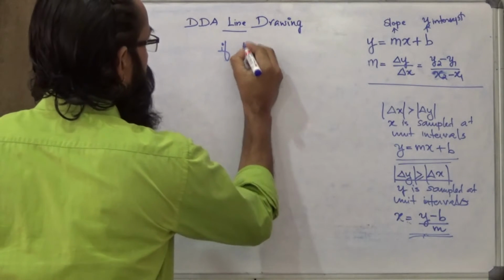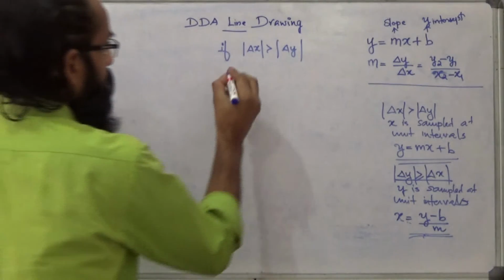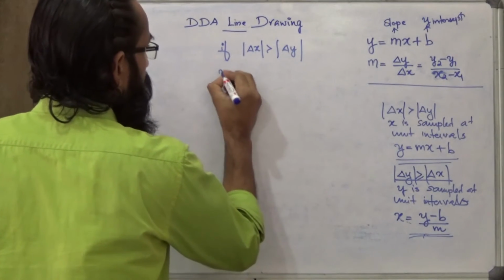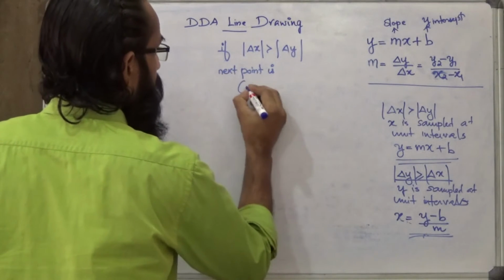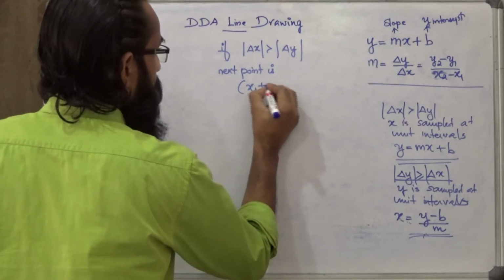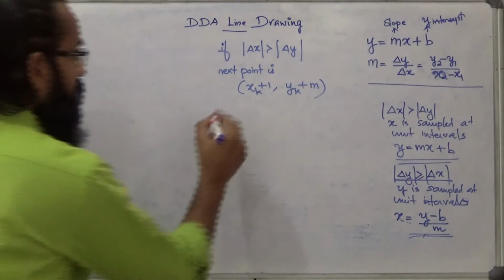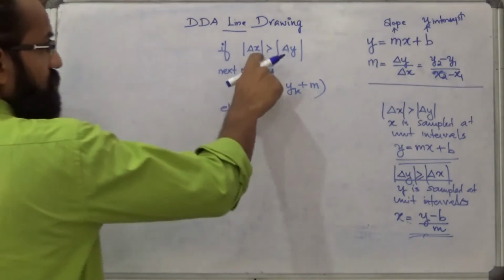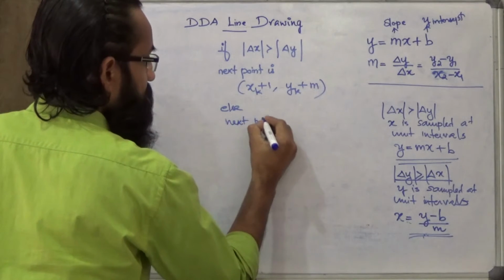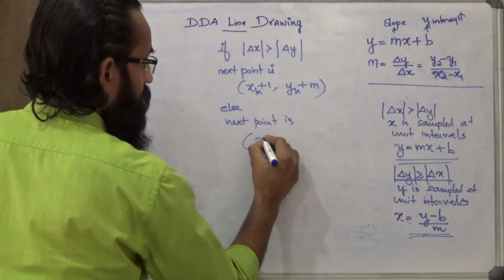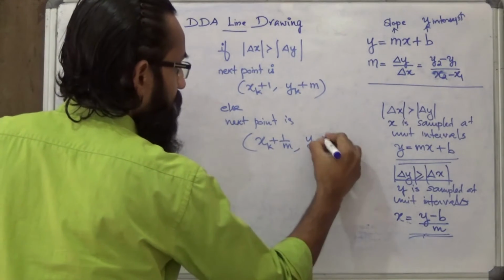If modulus of delta x is greater than modulus of delta y, then next point is xk plus 1, yk plus m. Else, modulus of delta y is greater than or equal to modulus of delta x, next point is xk plus 1 by m, yk plus 1.